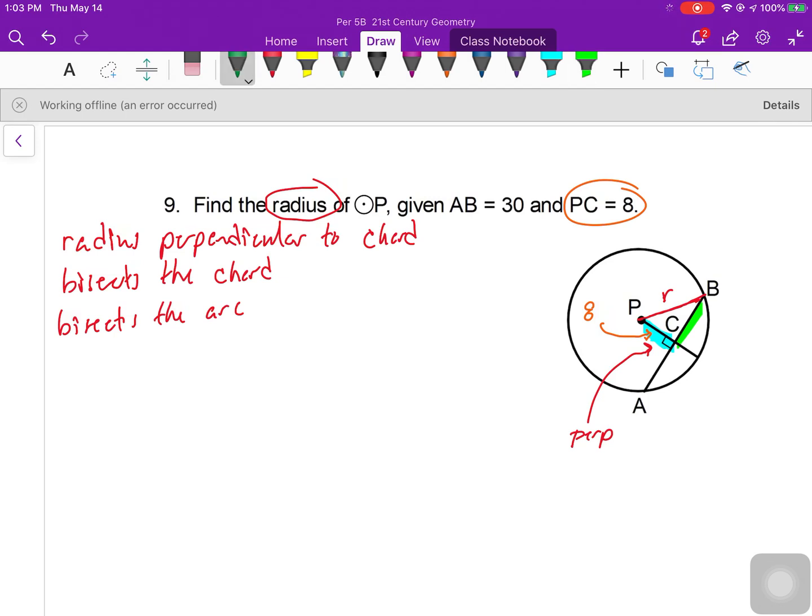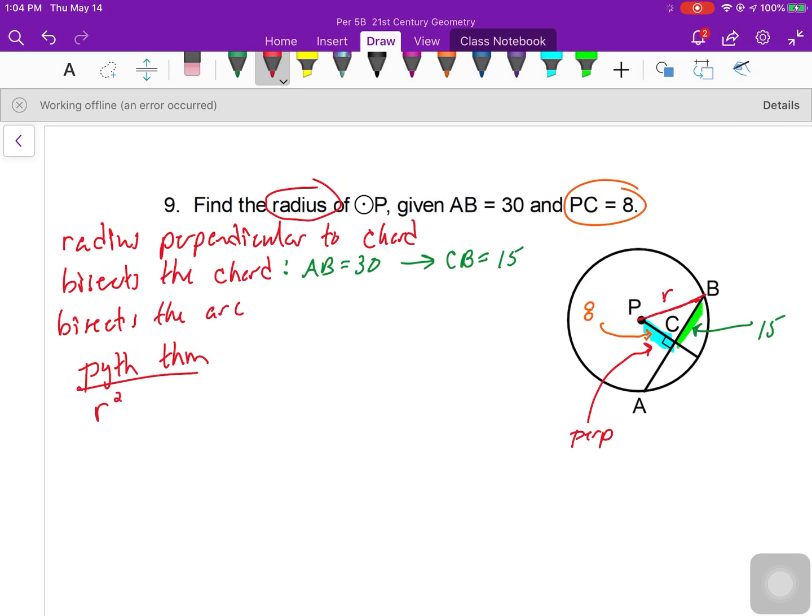But we'd also have to know C to B. And C to B we can find. The reason we can find C to B is if it bisects the chord, and I know A to B is equal to 30, then that means that C to B would be half of 30, which is 15.